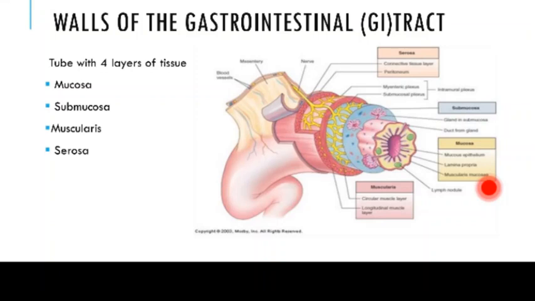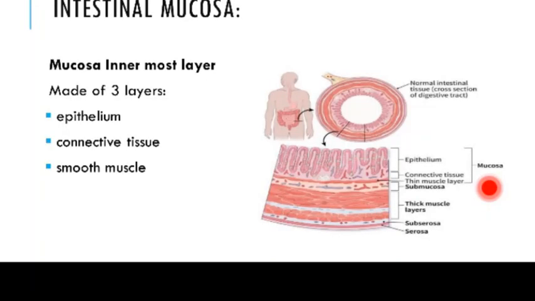So here we discuss the wall of the gastrointestinal tract. The wall of the small intestine consists of the mucosa, submucosa, and serosa. We only discuss the intestinal mucosa. What is the intestinal mucosa?